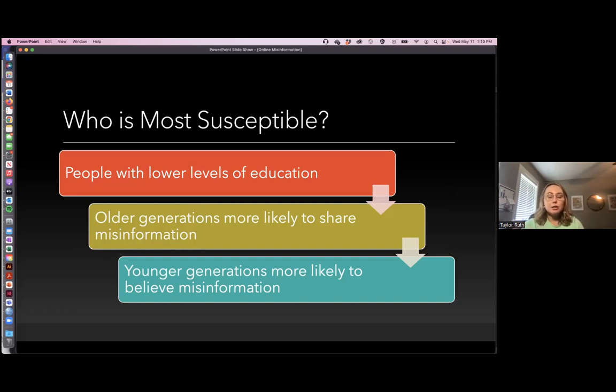But then you see these younger generations are more likely to actually believe that misinformation. So they're believing information they're seeing online at face value, but they're not necessarily engaging with sharing it online either. So I think those are some important considerations to take into account whenever you're developing your own communication and thinking about who you're communicating with.